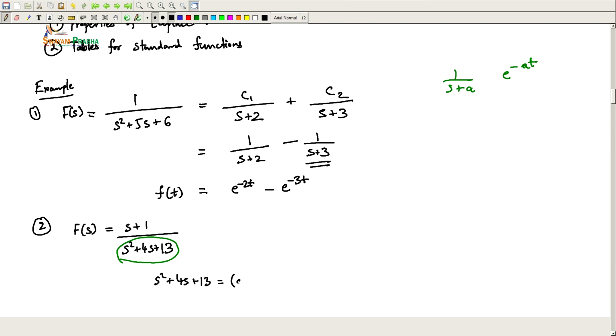as s plus 2 the whole square plus 3 square. So this is now in the form of s plus a the whole square plus b square, where a is 2 and b is 3.